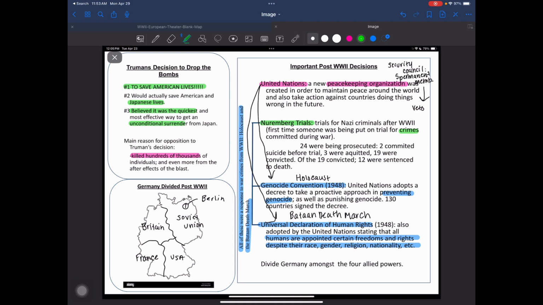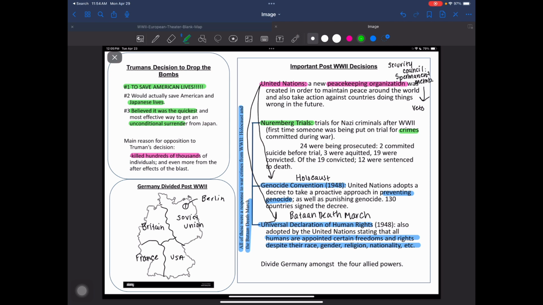And we're not only going to set an example with the Nazis, we'll also do this with some of the Japanese, like the military dictator Hideki Tojo. He's going to be put on trial for crimes that he committed during war, and he will be executed. The emperor will not, but the military dictator of Japan will.